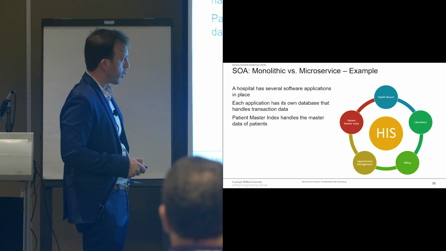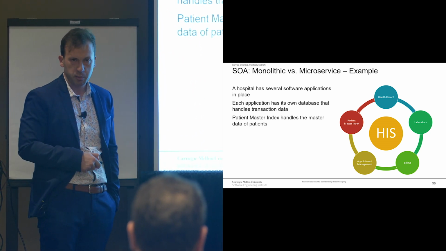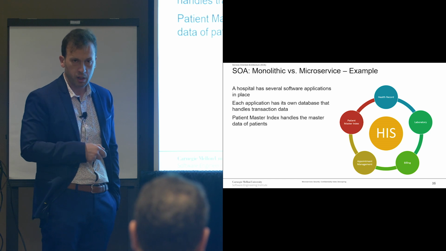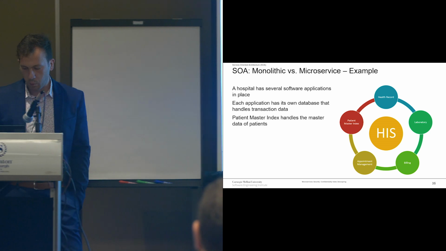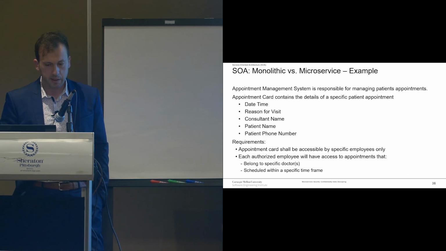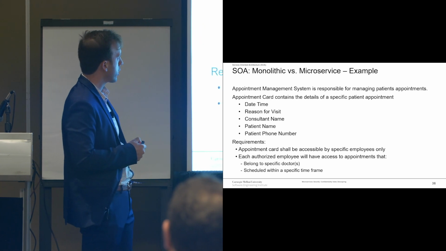Now we will imagine we want to develop the appointment management, or one feature of the appointment management software. This application is responsible for managing patients' appointments. Okay? We have something called an appointment card.